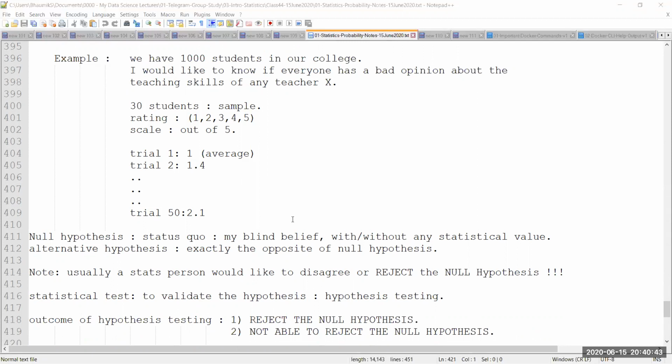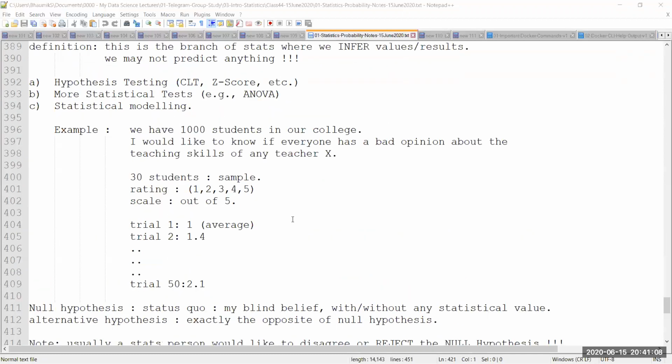We find, let's say, data to support the conclusion that we can safely reject the null hypothesis, or else we don't say that we accept it. We say we are not able to reject it, because we are deliberately leaving some scope for any other statistician to have a look at the situation, and then that person can try to do some experiments so that they can reject the null hypothesis.